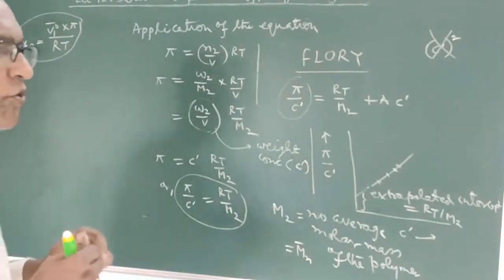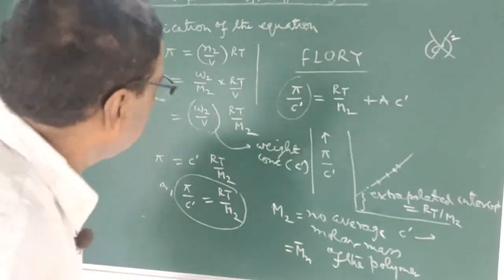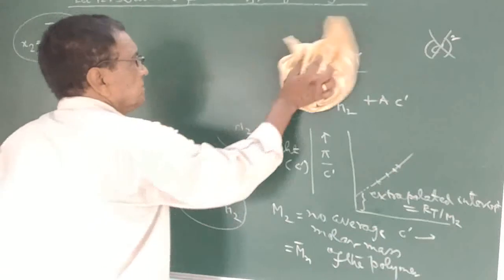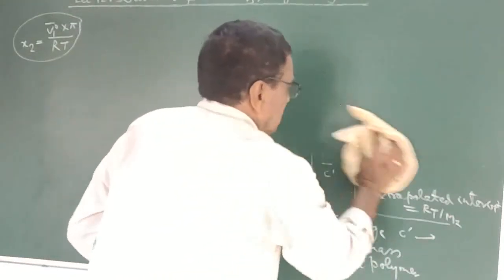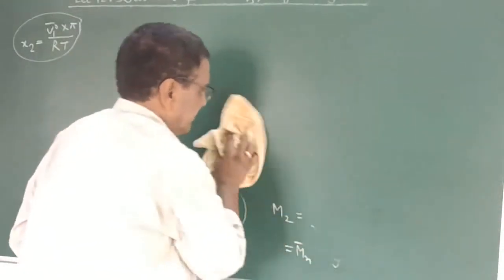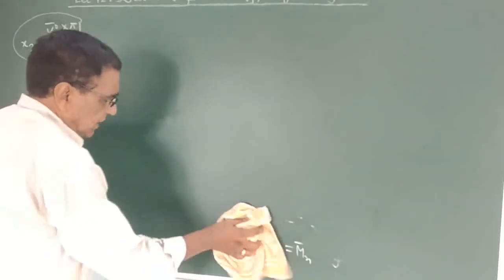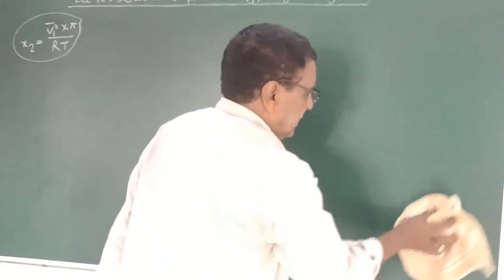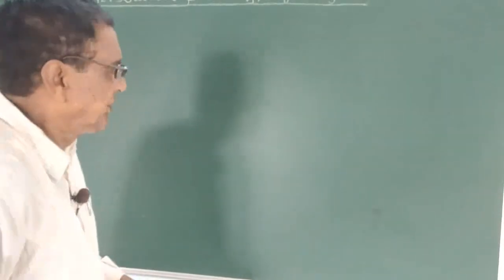Now the last topic: I would like to interrelate the four colligative properties of a solution through the value of x2, so that if you know one colligative property, the other colligative properties can also be calculated.